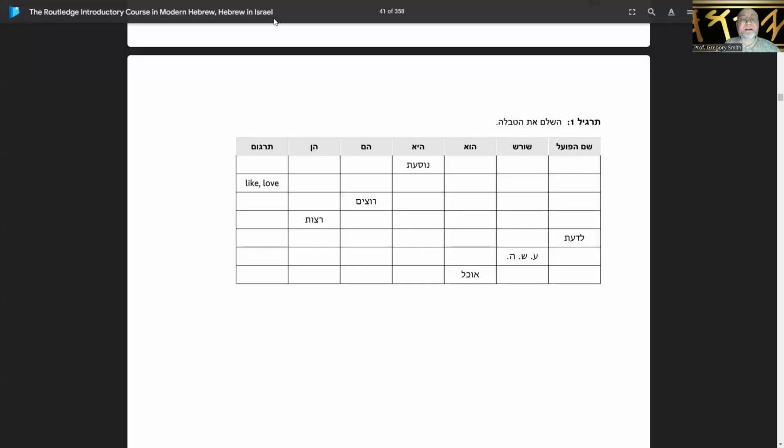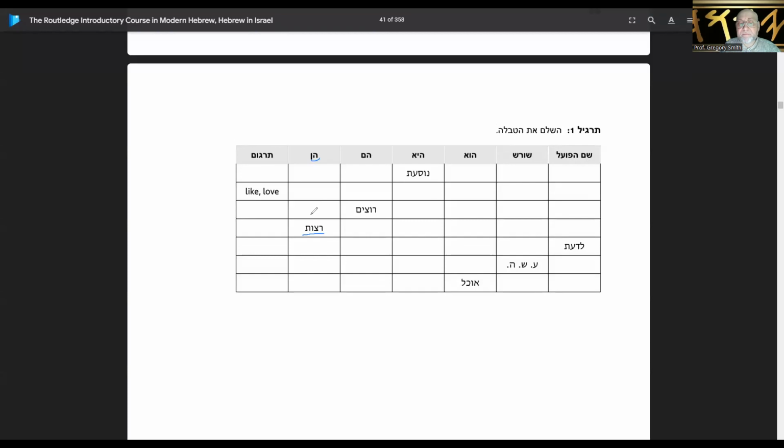Okay, so let's take a look at this next row. Here under hen, we have ratzot.